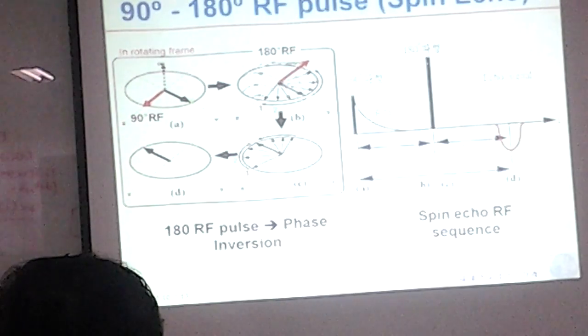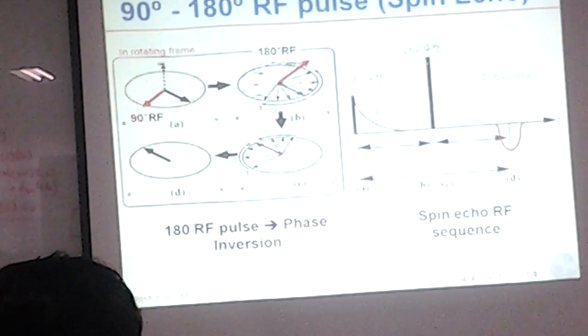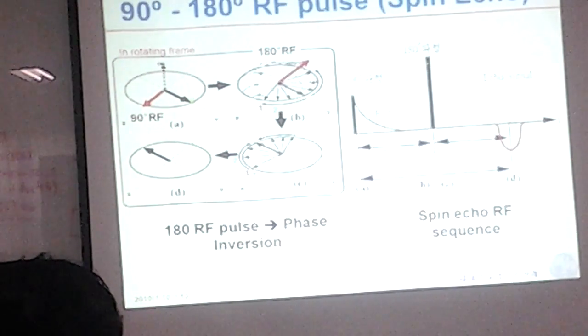So, and after the 180-degree flip of individual spins, this results in this spin diagram. So spin one flips to here, and spin number two flips here.